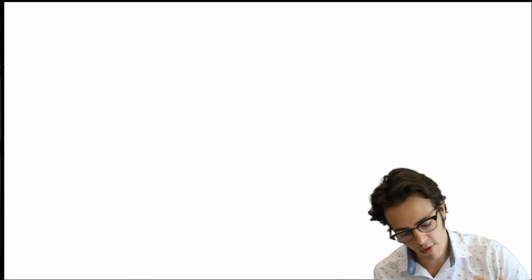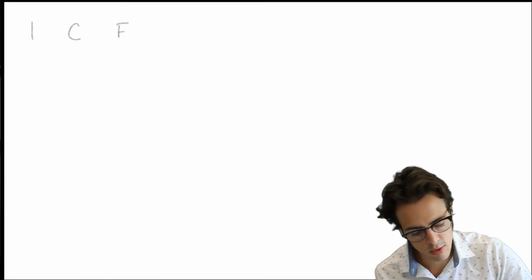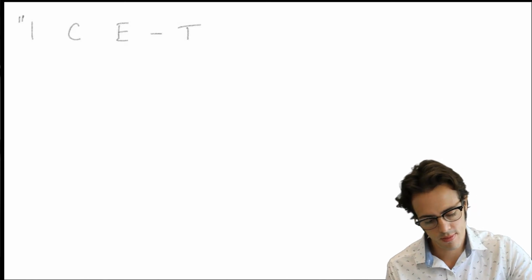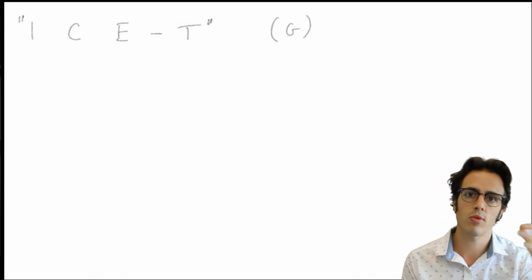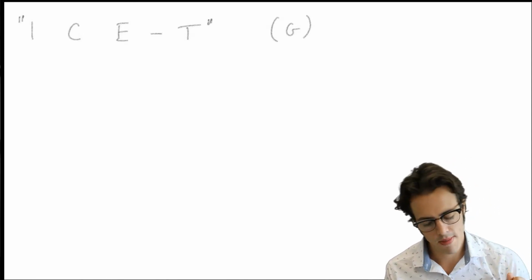So, the airspeeds that we spoke about yesterday, we introduced 4 airspeeds, and we can remember these in order by the mnemonic ICE-T. I'll put a bracket G at the end for ground speed, remembering that if we're looking for distance and time calculations, we look at ground speed.